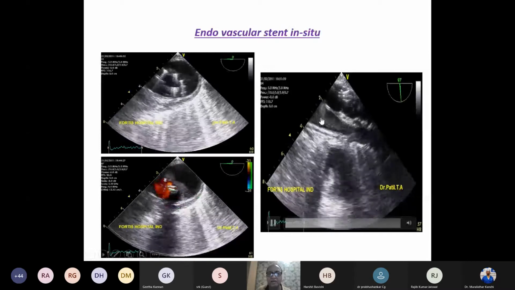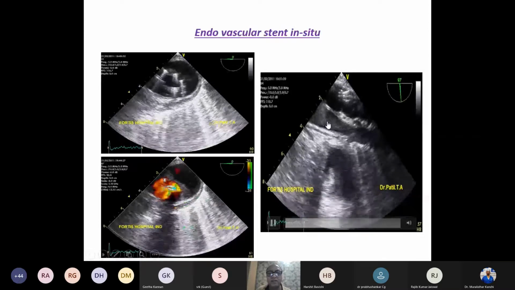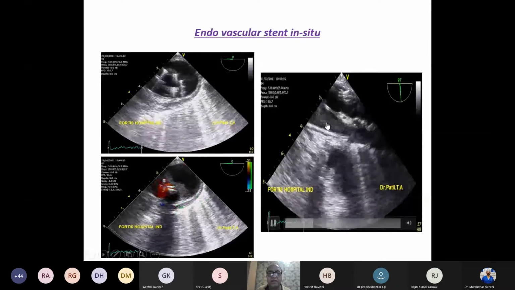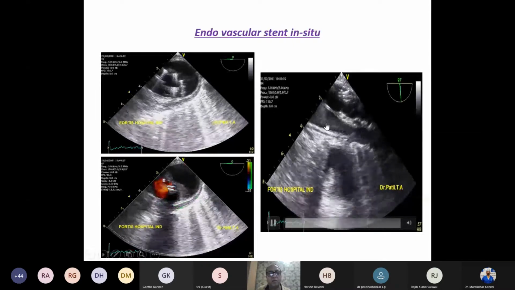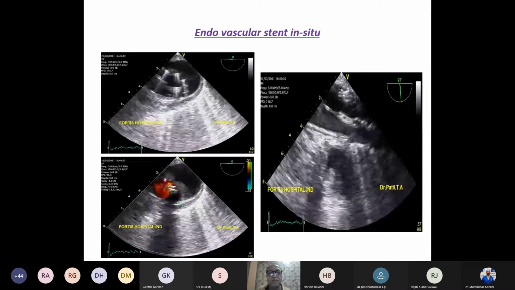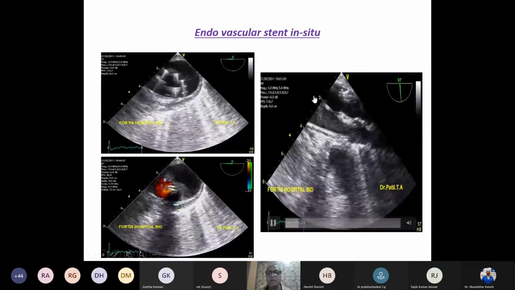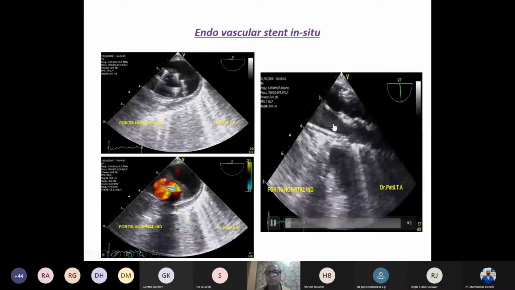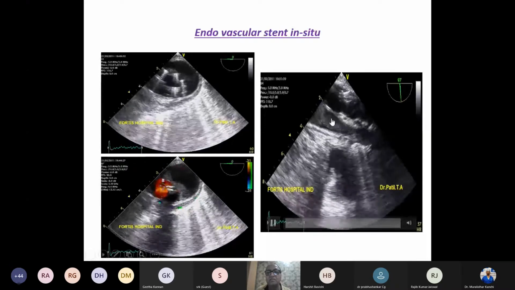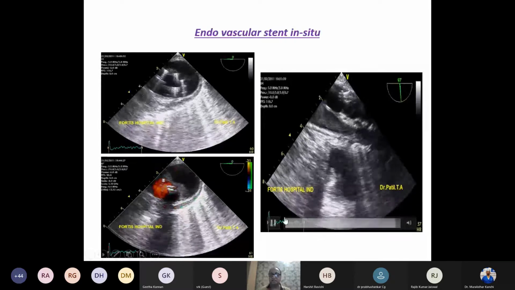I hope I am clear. The presence of movement of the contrast in the false lumen indicates an endovascular leak or an endoleak. If it is quiet, then there is no leak, then it is a very successful placement of the endovascular stenting. Now here you see on the right hand side, there is movement of the spontaneous echo contrast. That means there is some form of endovascular leak.